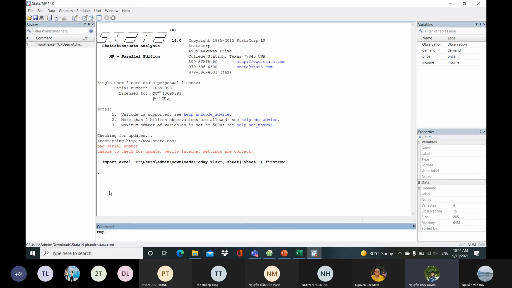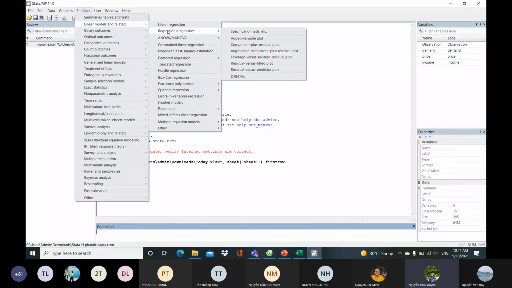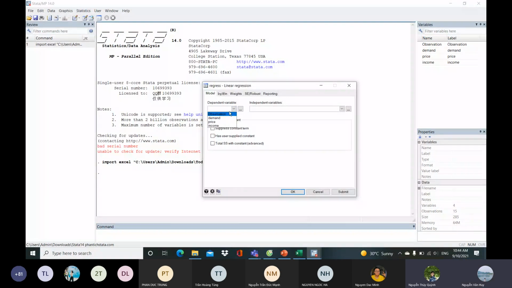Actually, I didn't see your screen moving or changing. Can you see my screen? Your screen is still the same as I saw from the first place. I don't know why, maybe my connection is not good. Students, can you see Huy's screen?